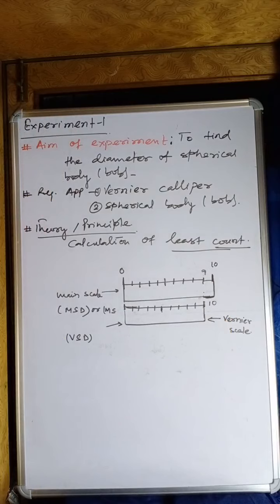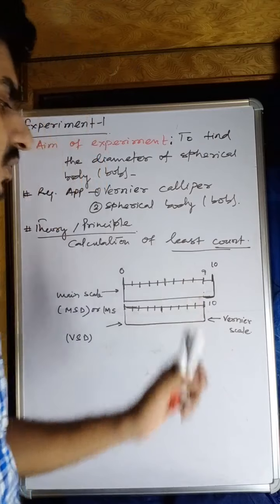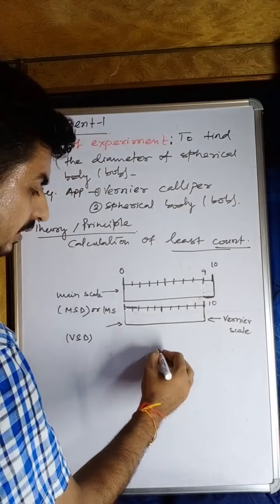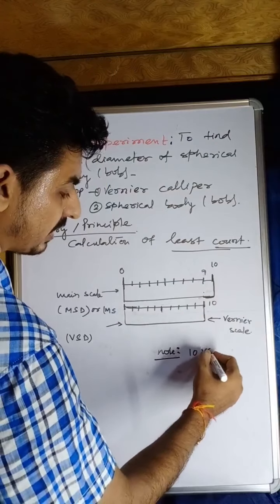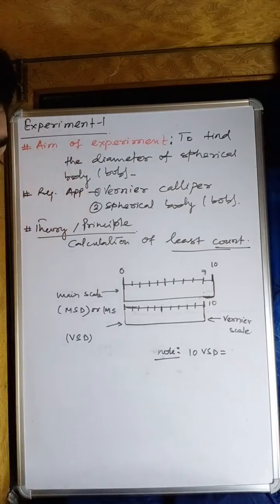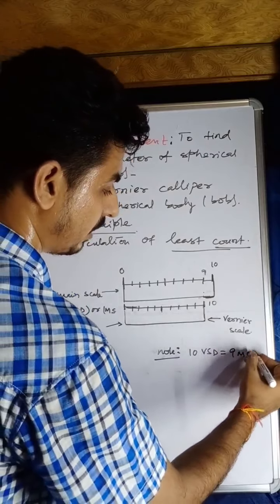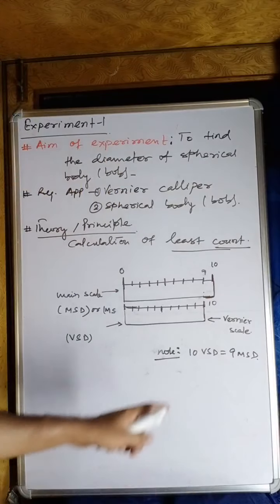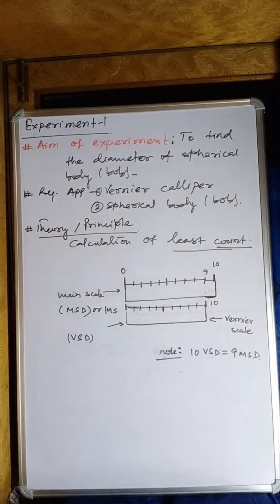This one is very important, kindly note it down: 10 vernier scale divisions equal 9 main scale divisions. Okay, my dear students, 10 vernier scale divisions equal the 9 main scale divisions.